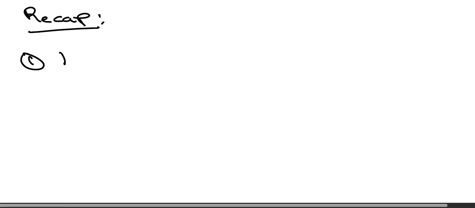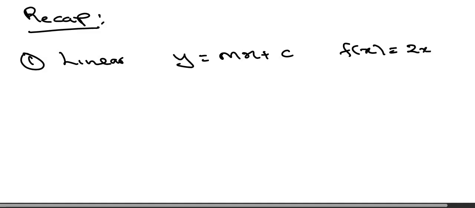The first type are linear functions. We said linear functions, they all look like this. They are straight lines. The highest power of x is always 1. So a perfect illustration is, let's say, f of x is equal to 2x plus 4. And these are always standard.